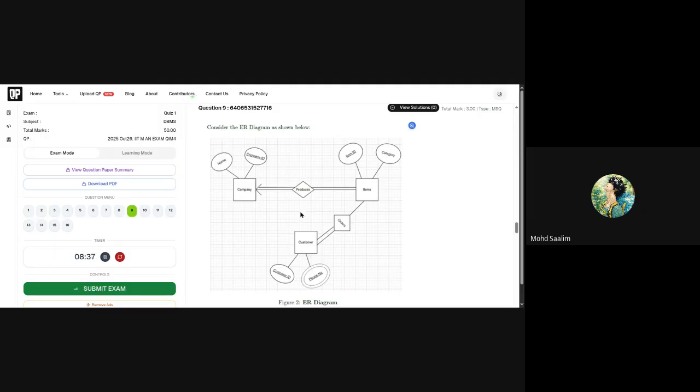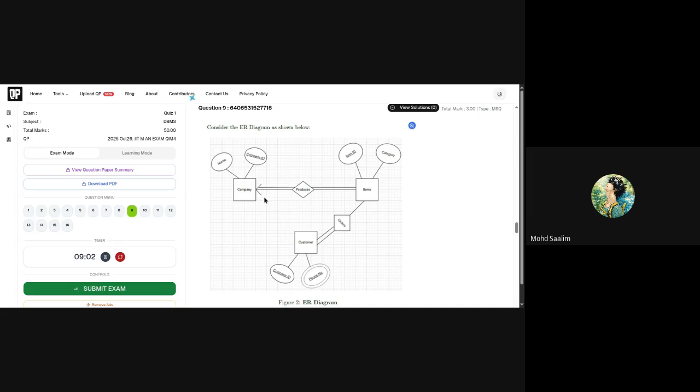So a schema is given and you can observe the partial participation, full participation, one-to-many cardinalities. So your knowledge on ER diagram should be very clear, right? You should just see the ER diagram and understand which symbol is denoting what. These double lines are denoting what? Full participation, right?